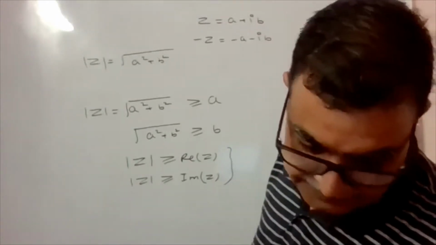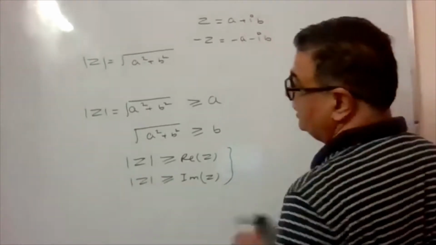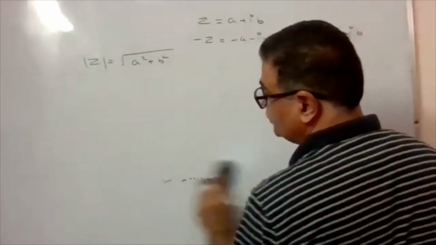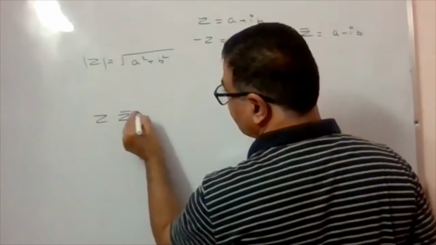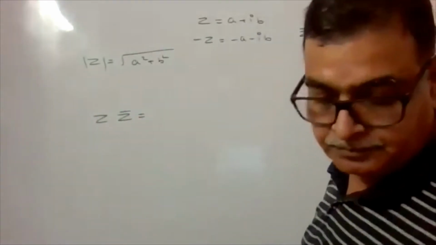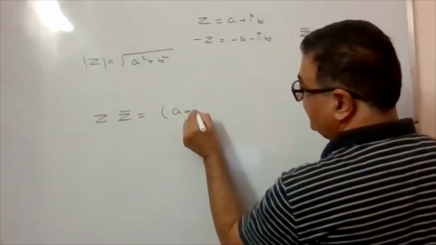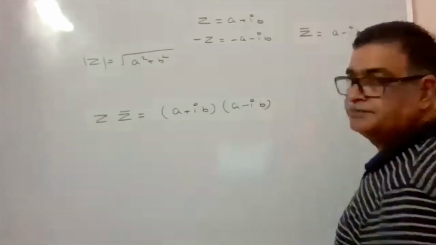Next property please. This property we already did, but we had not completed it at that time. In the conjugate I told this property to you. That property was this: if z is multiplied with its conjugate, then it will come out to be (a + ib)(a - ib).